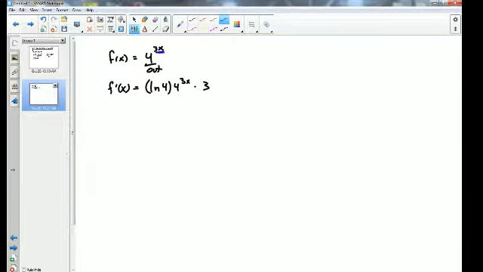So we derive the inside, copy, derive. This is like with the e, same concept. Same as sine, cosine, tangent with the chain rule: you copy whatever's in the parentheses or the exponent, you just copy it.